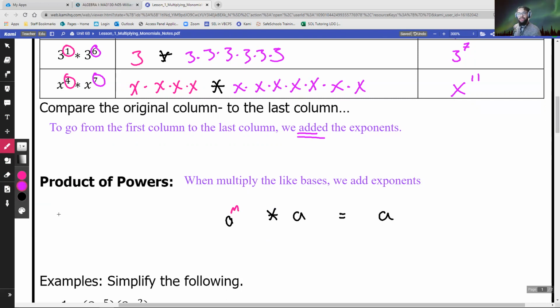So our variable A raised to some unknown number M, times our same variable A raised to another unknown number N, what we're going to get as a result will be A raised to the power of M plus N. That's what our new power is, M plus N. And that's the same thing we've just done.